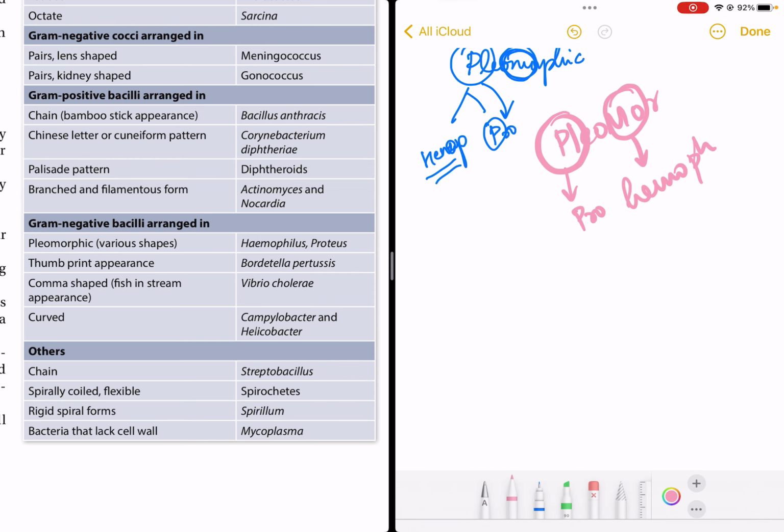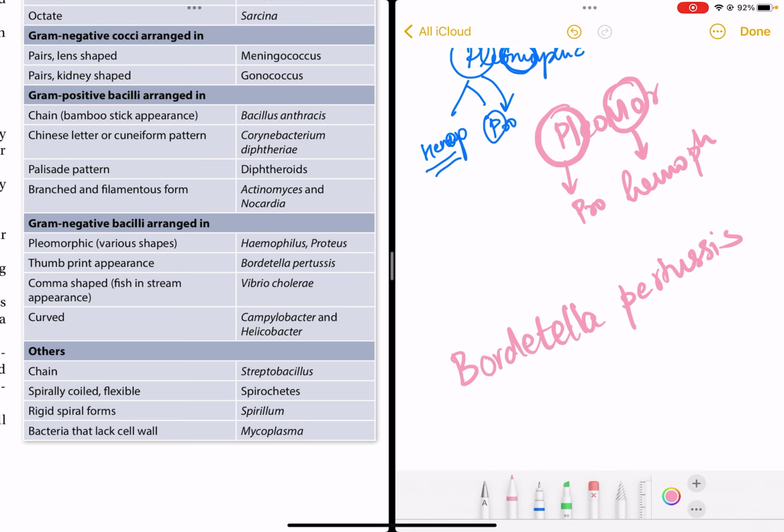Next is your Bordetella pertussis, which causes whooping cough. The appearance is thumbprint appearance. So how do you remember that? Thumbprint, right? It's like you're telling someone to provide their thumbprints on the board, let's say a blackboard or something.